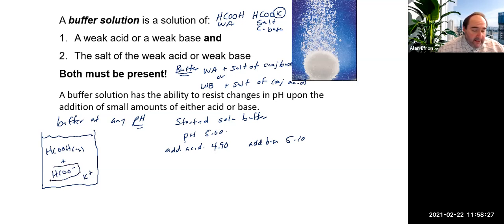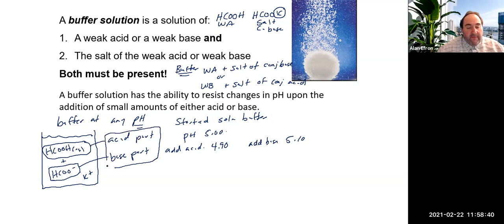But to begin with, our buffer would have a base part, and our buffer would contain an acid part to begin with. And that's critical for how a buffer is really able to sort of maintain that pH. And it's critical that both of those things are in there to allow it to handle when you decide to add some acid or base to it.